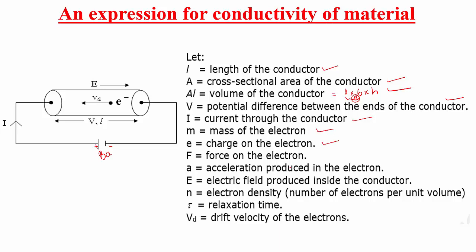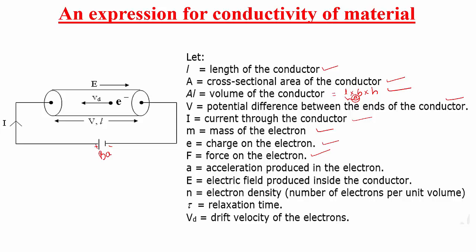Now when that potential difference is applied, electric force is exerted on the electron and it is denoted by F. a indicates acceleration produced in the electron and capital E indicates electric field produced inside the conductor. This is because of potential difference which is provided by the battery.